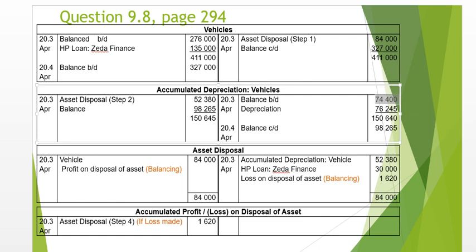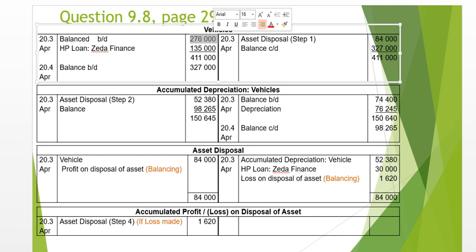So step 1 is we want to take out the original cost price from our asset account. So our vehicles has a balance of 276,000 Rand, but we dispose of one of our vehicles, and the cost price of that was 84,000 Rand. So in order to take that 84,000 Rand out of our vehicles account, we will need to credit that amount.